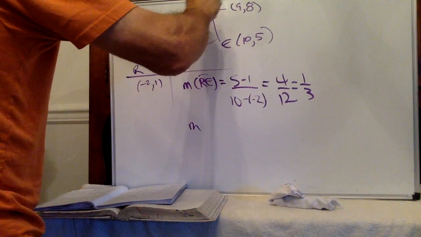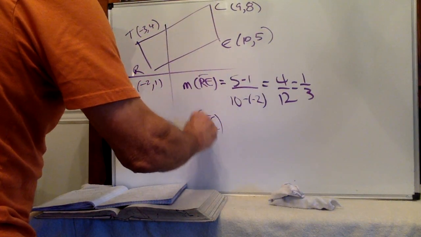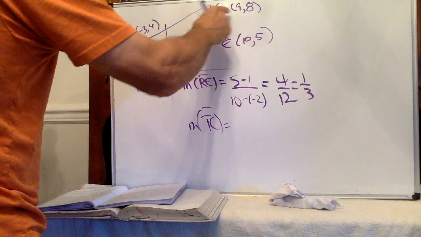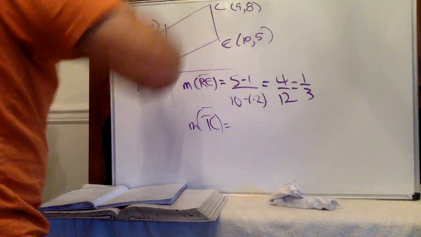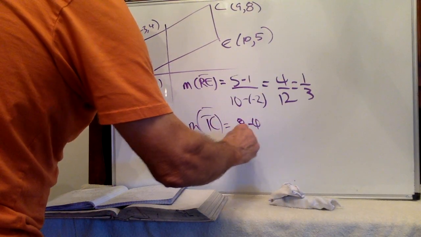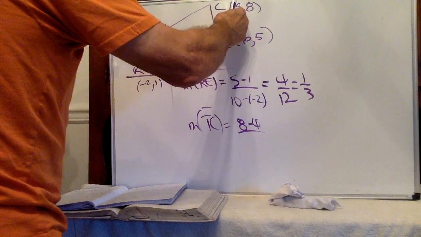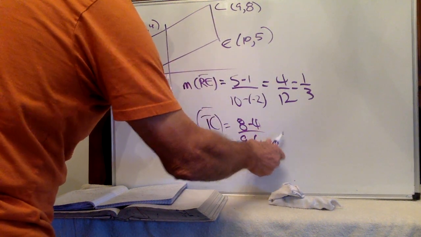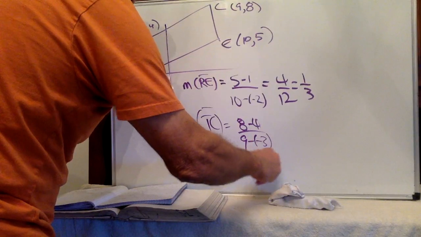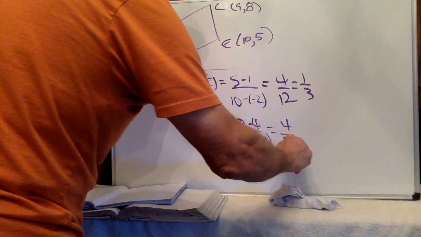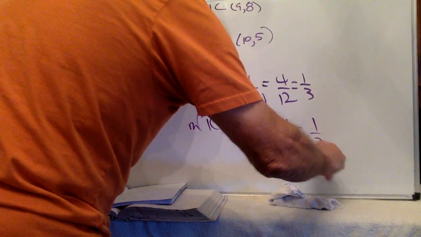Then I have to compute the slope of TC. Again, call that x1, y1, that x2, y2 for this line. So I'm going to go 8 minus 4 over 9 minus, again, be careful, minus a minus 3. 8 minus 4 is 4. 9 plus 3 is 12. 1/3.